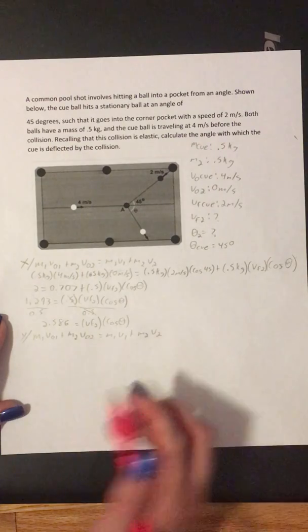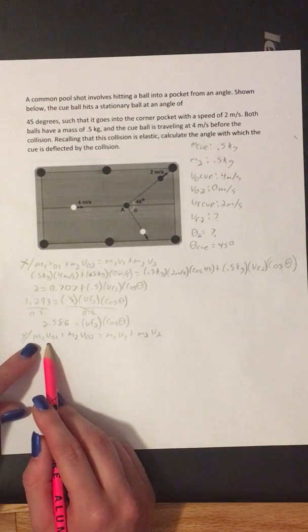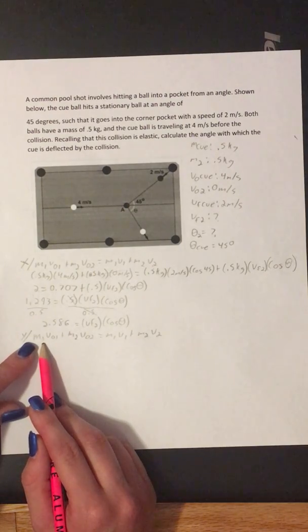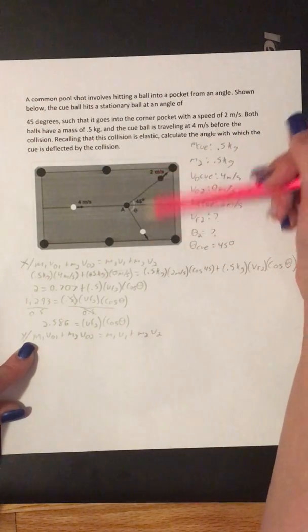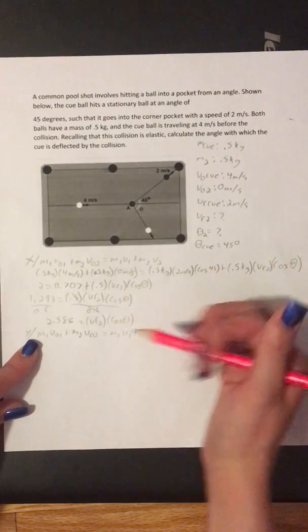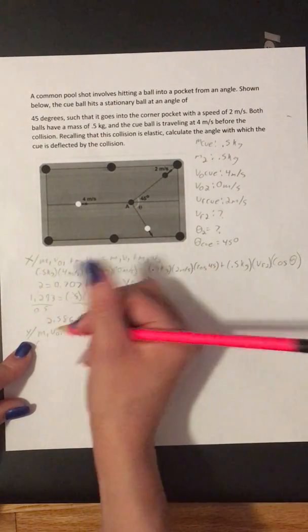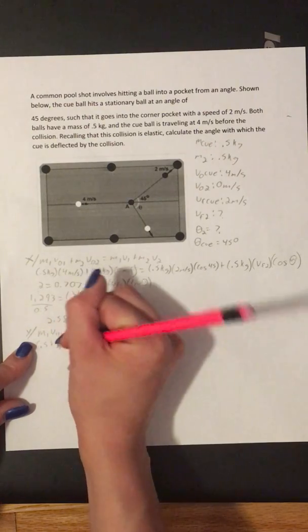Okay. So remember that when we do the y values, it has to be everything in the y direction. So it has to be everything going this way, up and down. So we will start, and we have the mass of the first ball, which was 0.5.